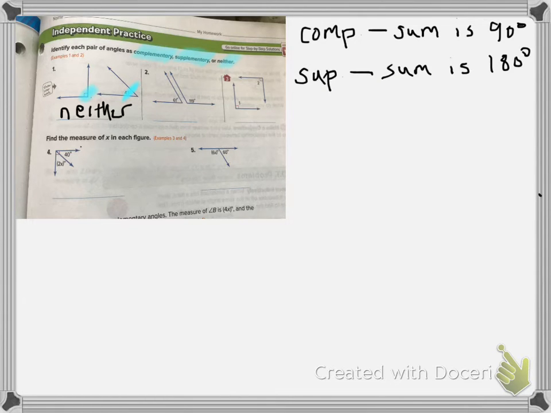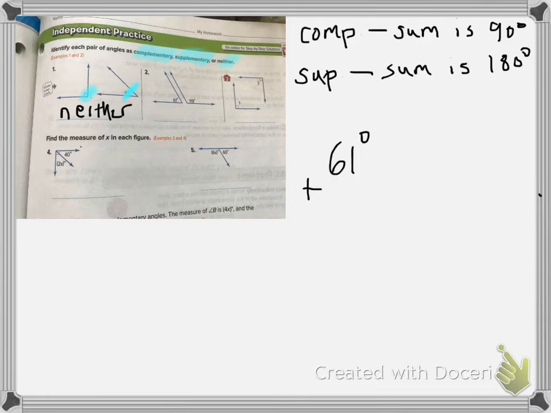All right, moving on to question number 2. If we look, there are two angles that were given. The first angle is 61 degrees. And the second angle is 119 degrees.